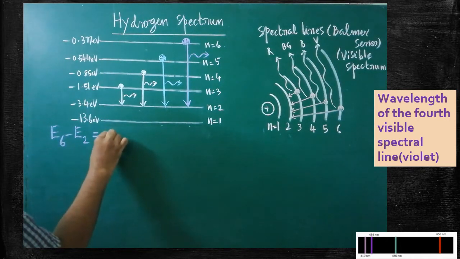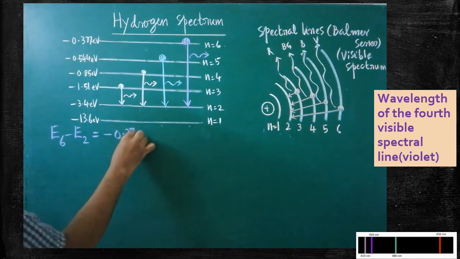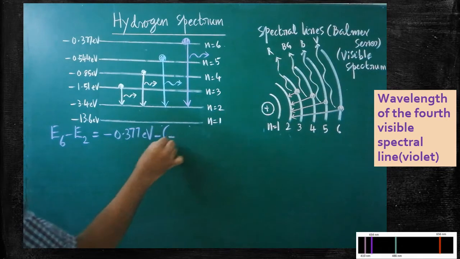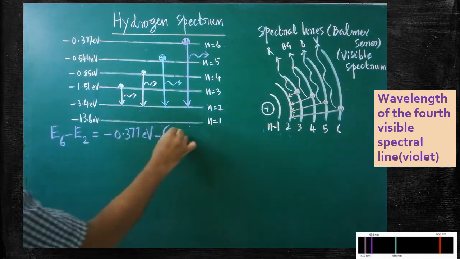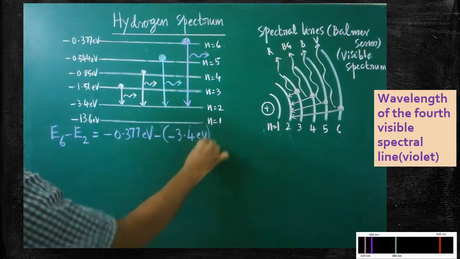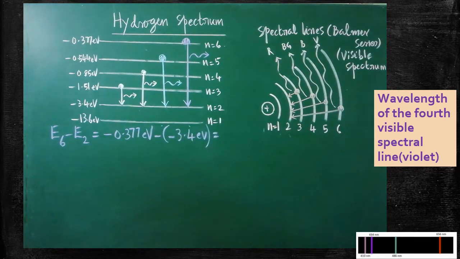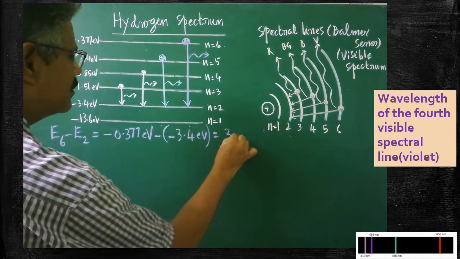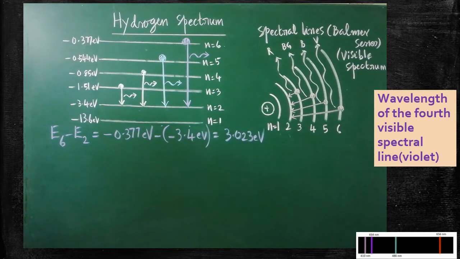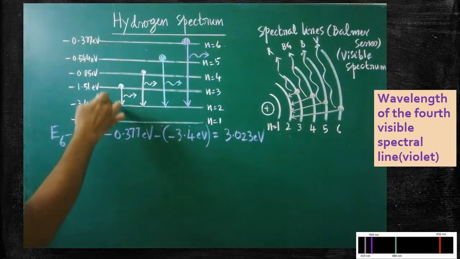Substitute the value: minus 0.377 electron volt minus of minus 3.4 electron volt. After calculating the difference, you get 3.023 electron volt, the energy difference between this level and this level.